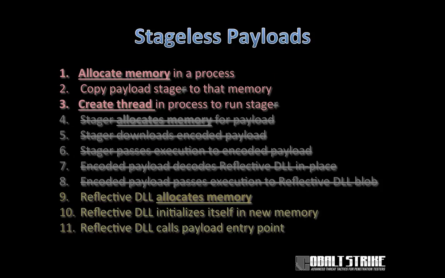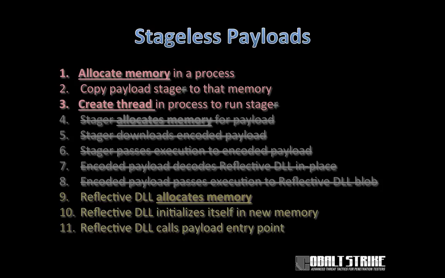Here's what this looks like compared to the process for dealing with a payload stager. Steps 1 through 3, the artifact allocates memory and passes execution to the payload stage. What I want you to take away from this is your artifact has a great deal of control over the OPSEC of your payload in memory.